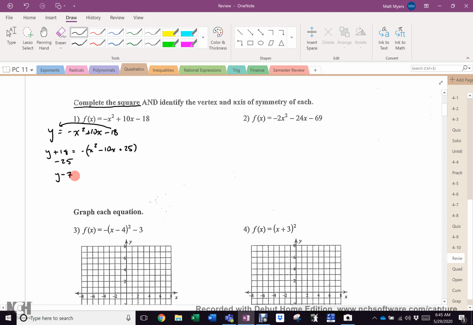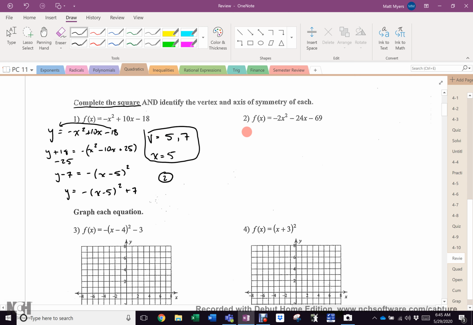Y minus 7 equals negative (x minus 5) squared. Y equals negative (x minus 5) squared plus 7. Vertex (5, 7). Axis of symmetry, x equals 5. All of that gets you 2 marks.